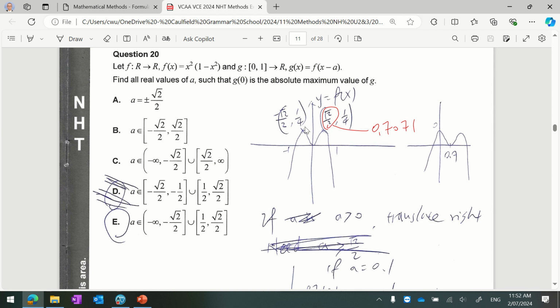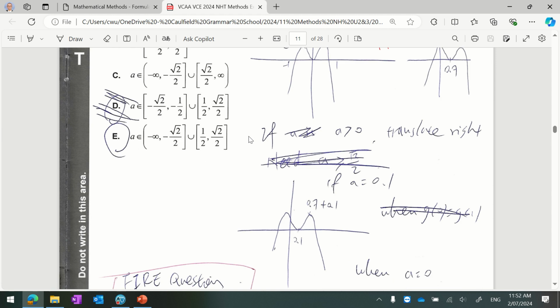You can move very far left, and you're always looking at the shape like this. The left end point is bigger, the right end point is smaller. So actually, when you go negative, you can go to negative infinity.